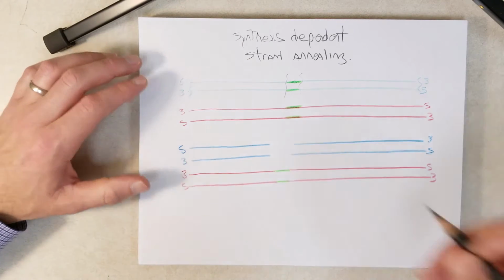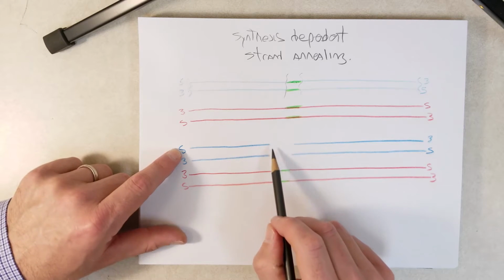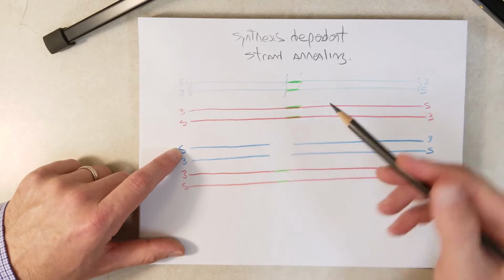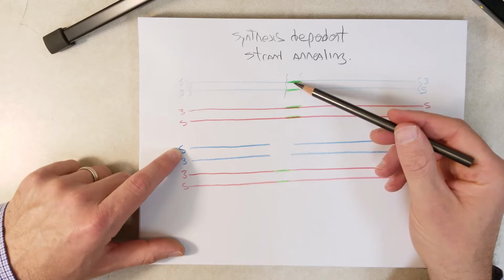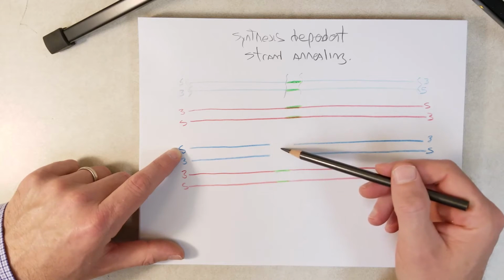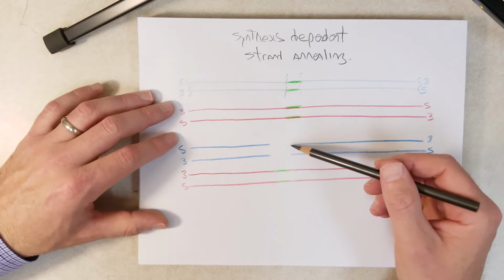Eventually we'll see a mechanism that would just take these loose ends and stick them together. But that would be a problem, right? Because we lost these green base pairs. And if we did that, then the repair of the double strand break would result in loss of genetic information.